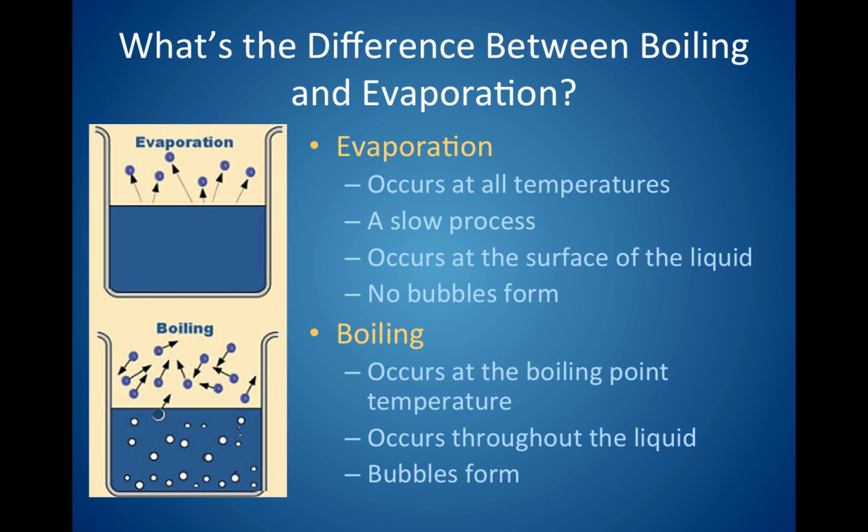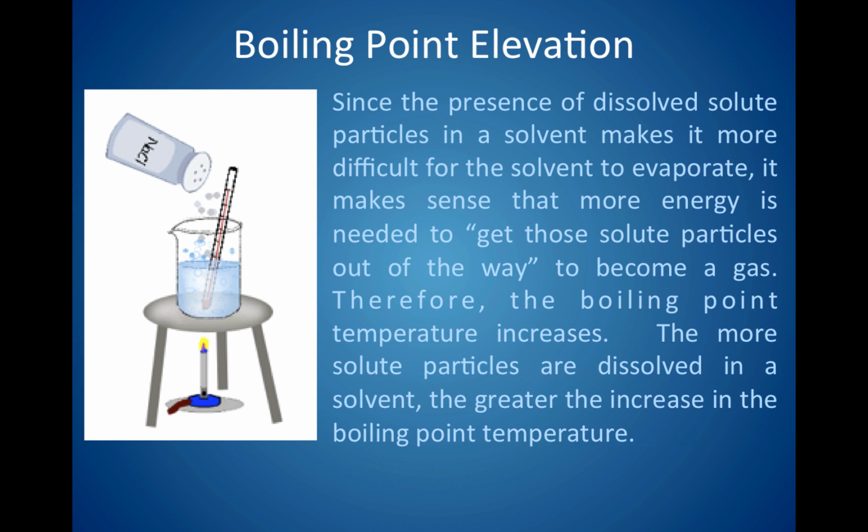So let's now see the relationship between rate of evaporation and boiling point temperature. When a solute is added to a solvent, the vapor pressure decreases. This means that the boiling point will increase.